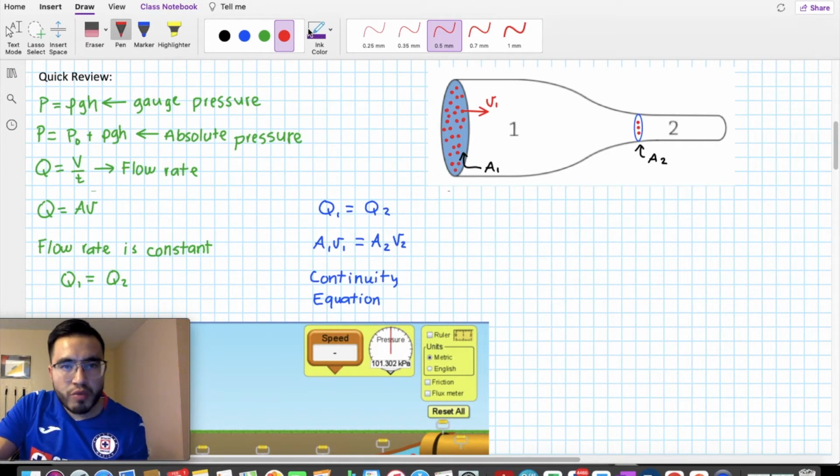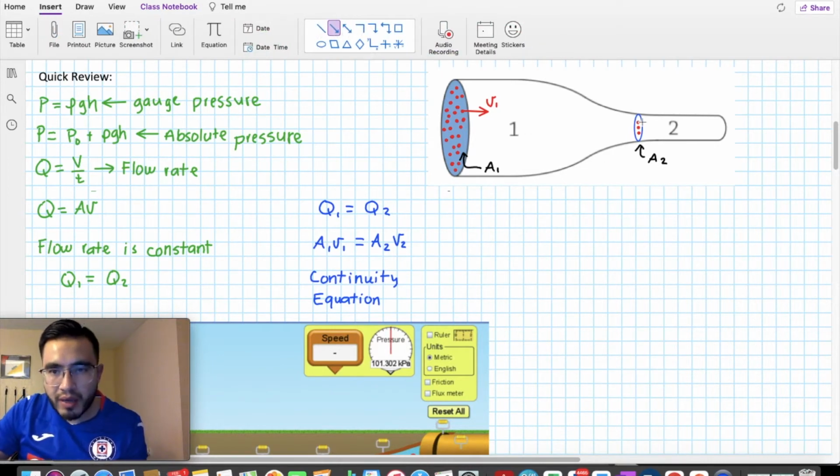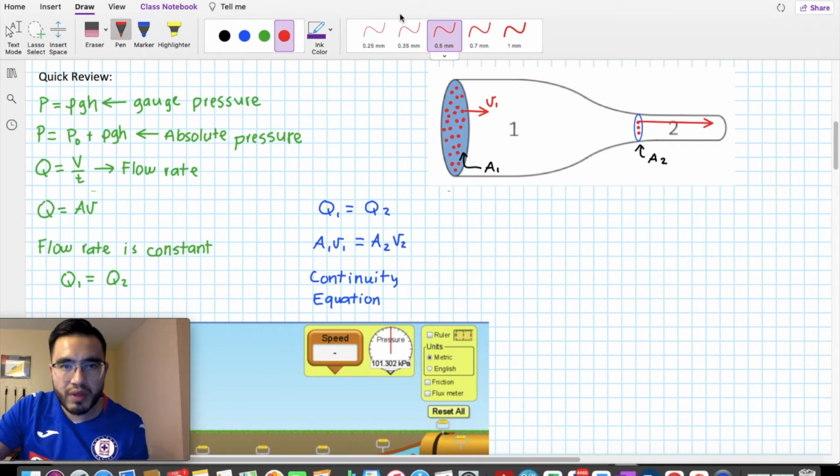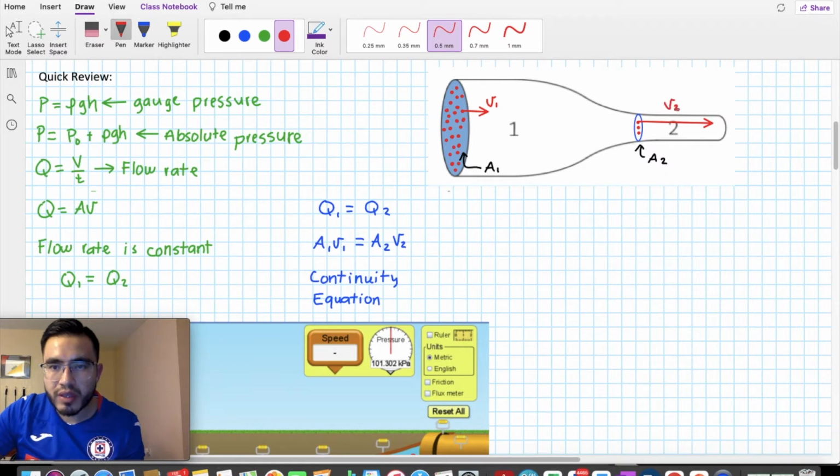And hopefully you remember from the simulation that the velocity here is greater than the velocity at section 1. So this is velocity 2.